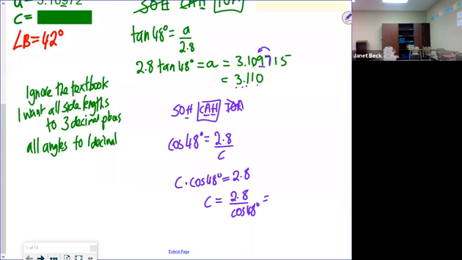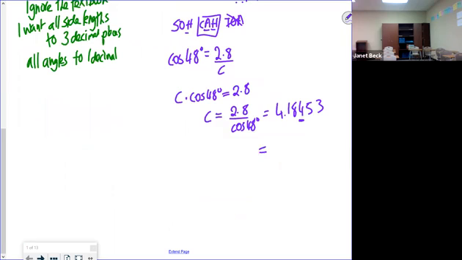Ooh, that's wrong. And you should get 4.18453. We want it to 3 decimals. It's followed by a 5, so we're going to have to go up.